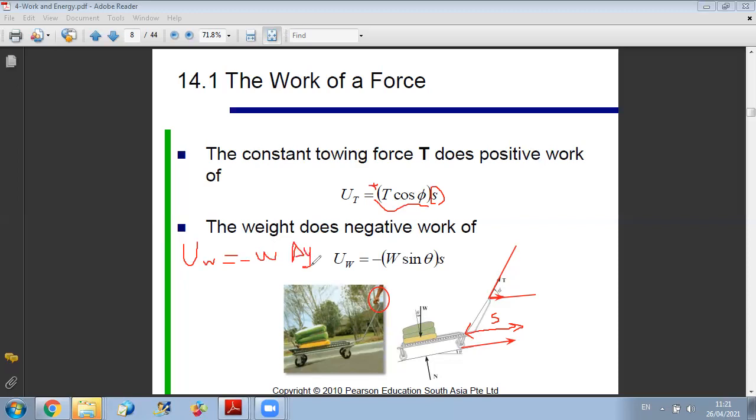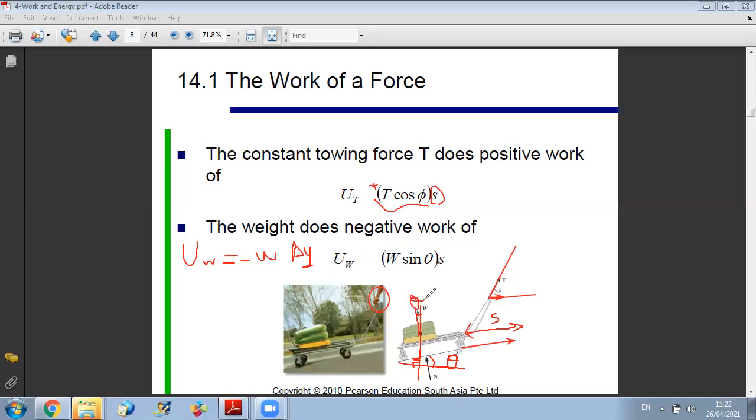If you apply first the projection method, here you have that your crate is moving on an inclined line, and the slope of the inclined line is theta. Since the weight is vertical, it's perpendicular to the horizontal line, so it will make with the incline an angle of pi over 2 minus theta, and therefore the angle with the vertical will be theta.